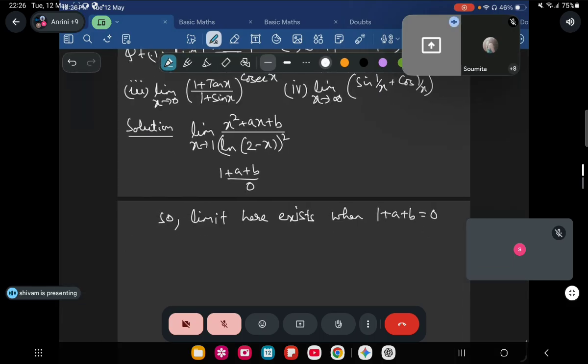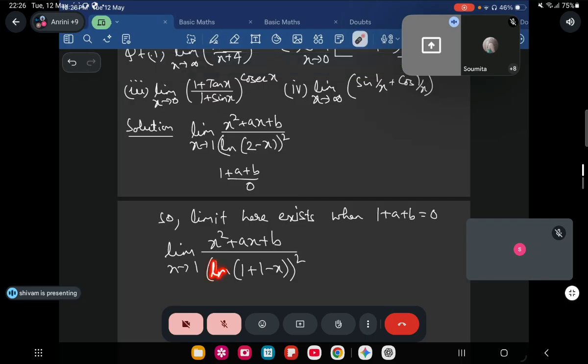Now see everyone, over here I have to convert it into standard form. So it has to be ln(1 plus x) by x, right? So can I write it as limit x tends to 1, (x square plus ax plus b) upon (ln of (1 plus (1 minus x))) whole square. Okay. So everyone, it is ln(1 plus theta), so it has to be divided by theta square.